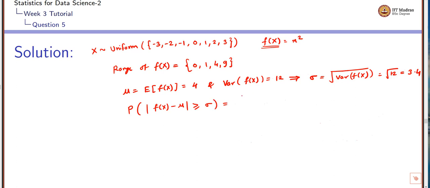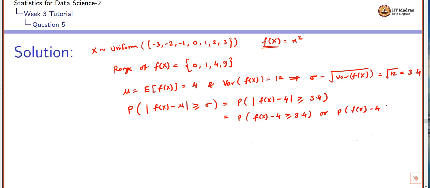By substituting all these values, we can write it as the probability that the mod of f of x minus 4 is greater than or equal to 3.4. Since this is a mod, we can write this as the probability that f of x minus 4 is greater than or equal to 3.4, or the probability that f of x minus 4 is less than or equal to minus 3.4.